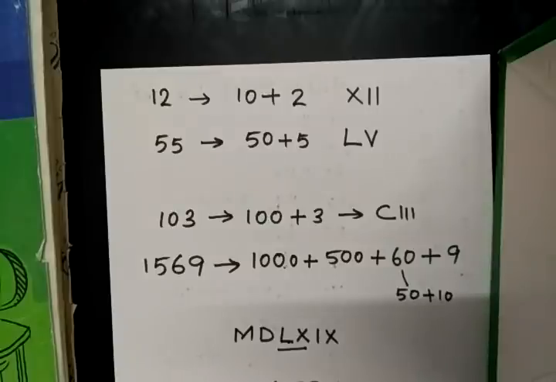L, C, D, M represent 50, 100, 500, 1000. And we should keep some of the rules in mind: not to repeat a symbol more than 3 times, and I can only be subtracted from V and X only. If we follow all these, we can write every number in Roman numerals.